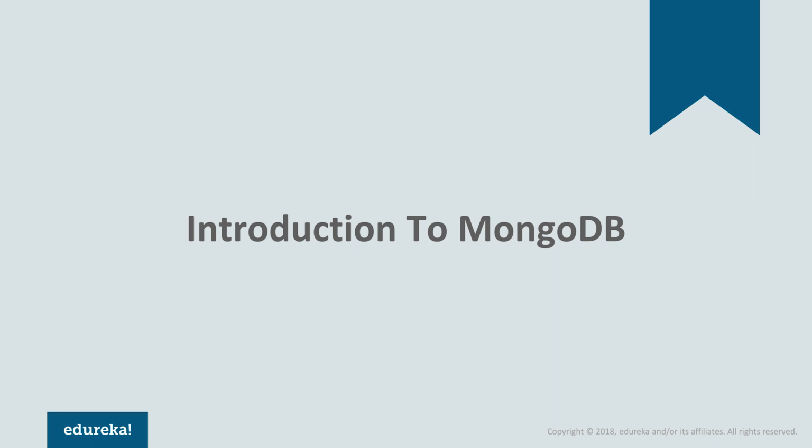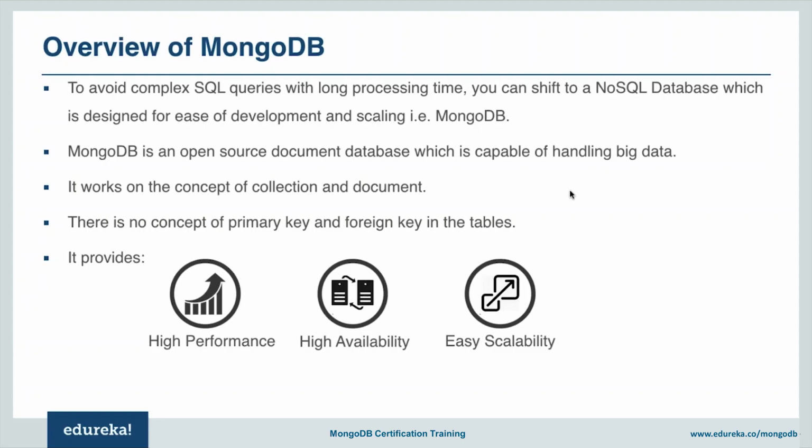If we talk briefly about how exactly Mongo looks like, Mongo is one of the most popular open source document-based systems, and it has very impressive performance. It has consistent high availability. It's scalable.